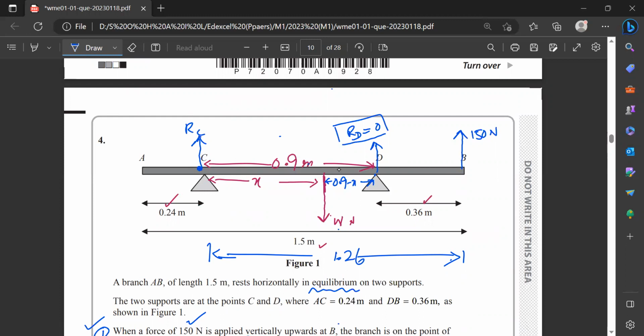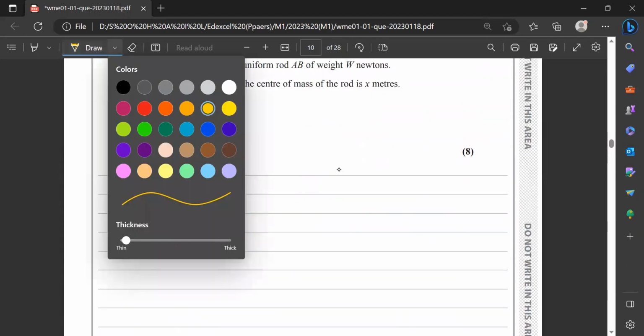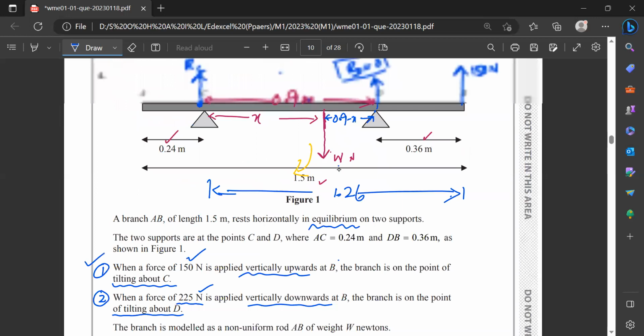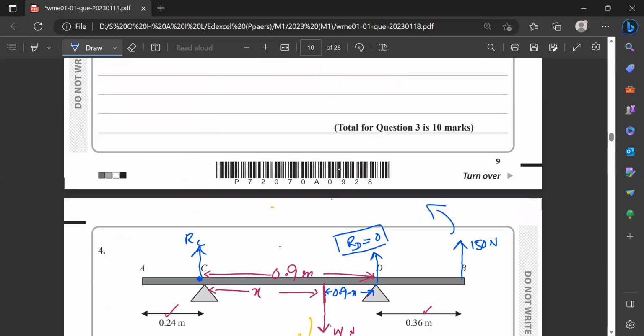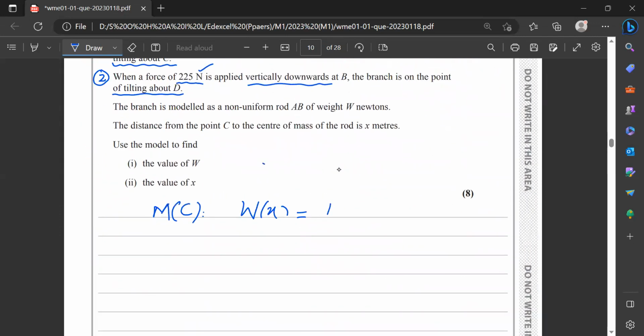If we come to see it, W is clockwise. So W into X is equal to, this is anti-clockwise, 150 into 1.26.